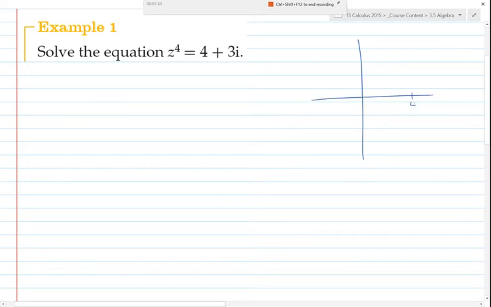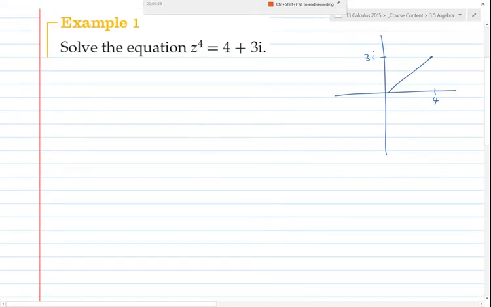So we've got 4 in the real and 3 in the imaginary, and so our modulus is the first thing we'll work out, and that's going to be the square root of 4 squared plus 3 squared, which happens to be 5, which is very nice. So that side there is 5.